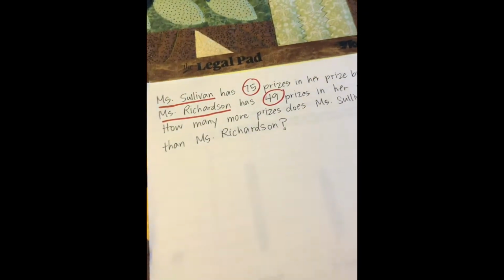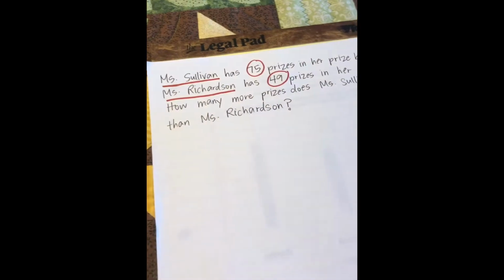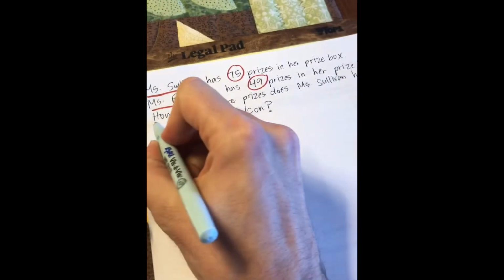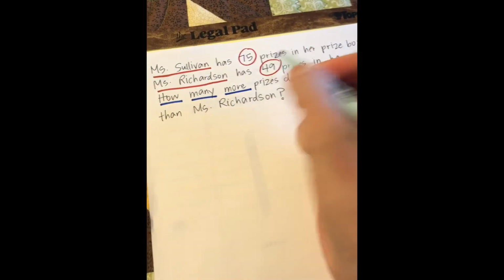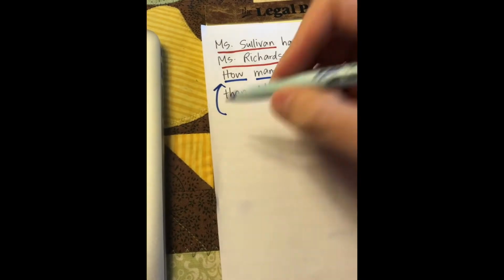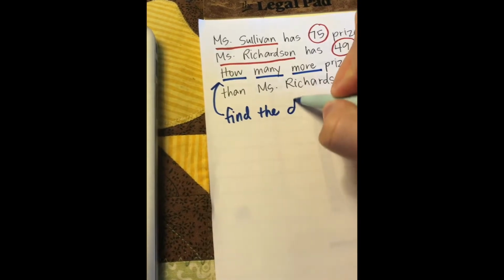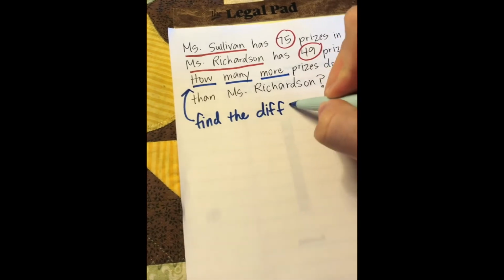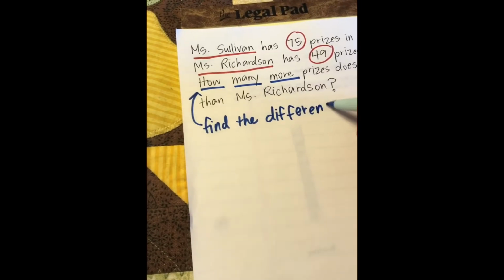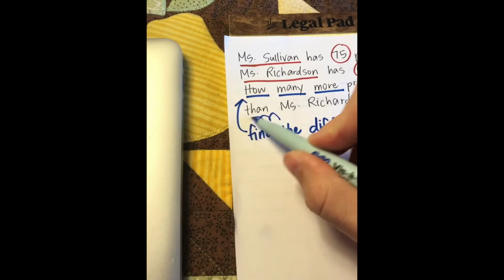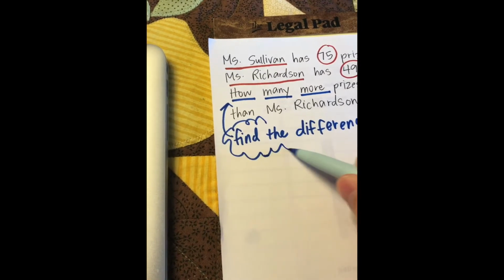Now, some important words in this story are how many more. And your scholar should already know that how many more means to find the difference. And when we find a difference, we're finding out what is in between the two numbers.